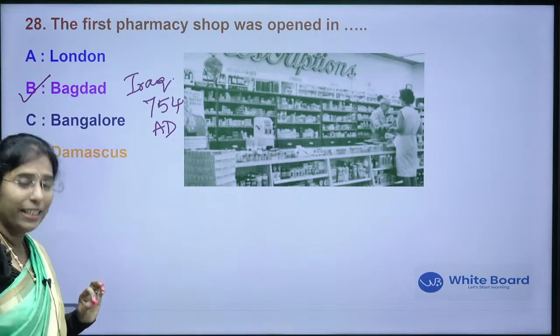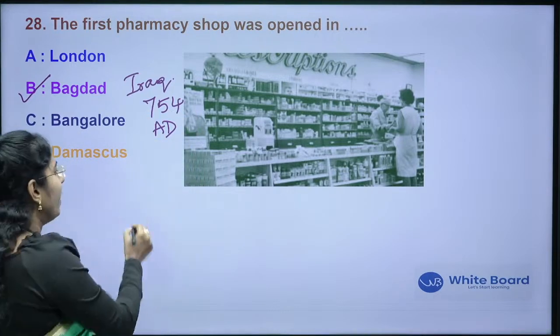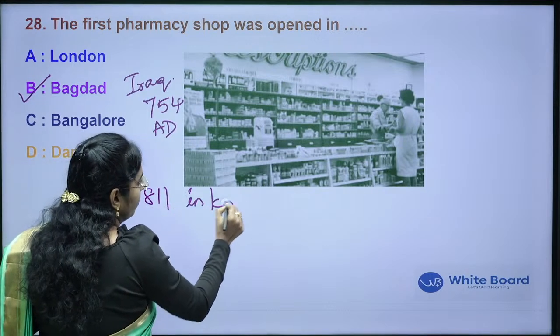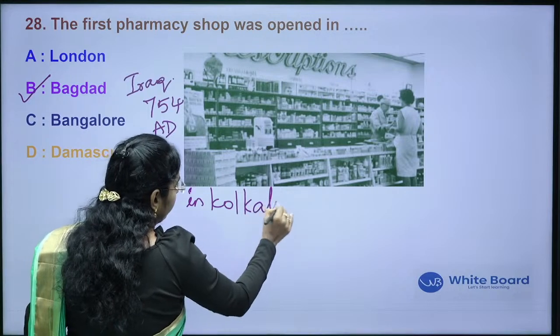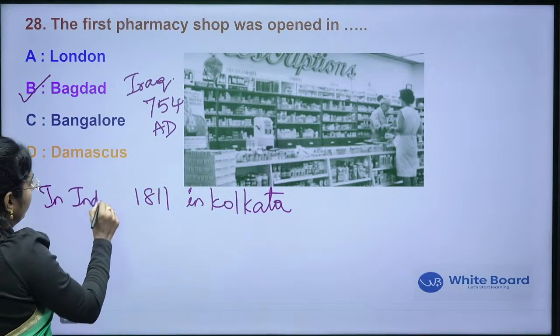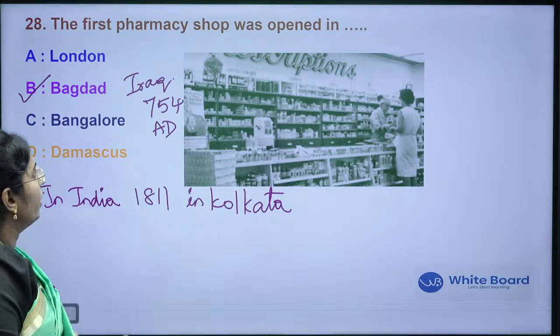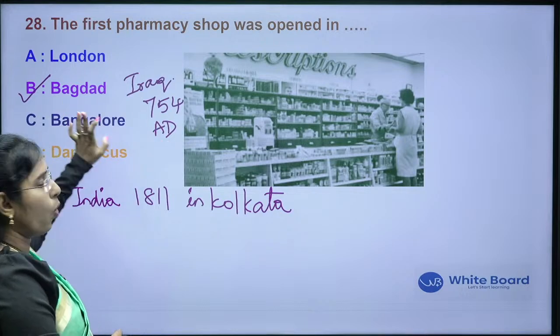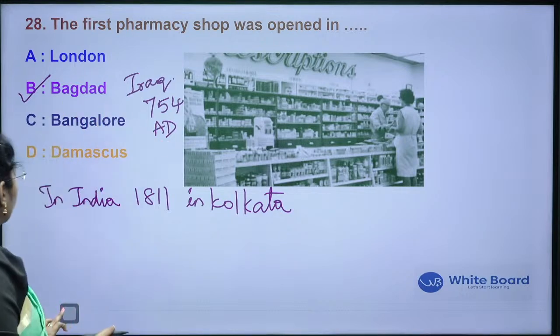In India, it was first opened in 1811 in Kolkata. At that period it was opened in Baghdad. So, the correct option is Baghdad.